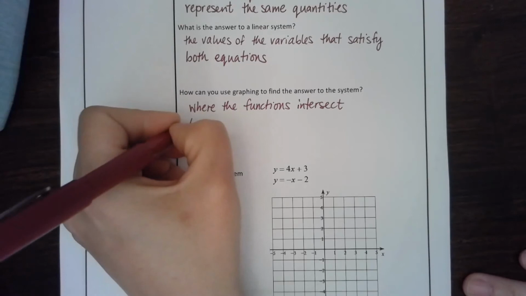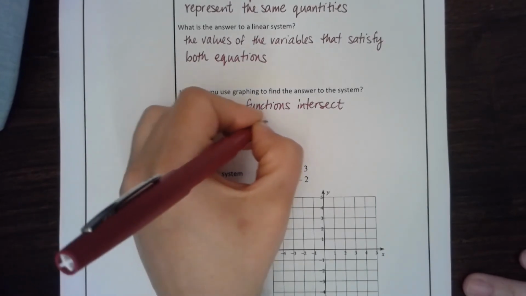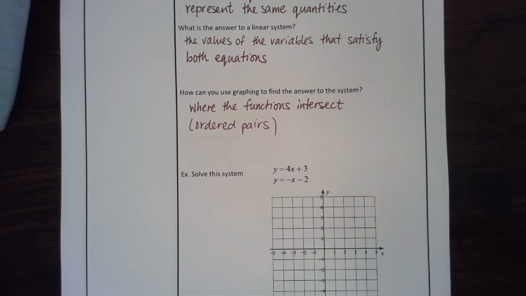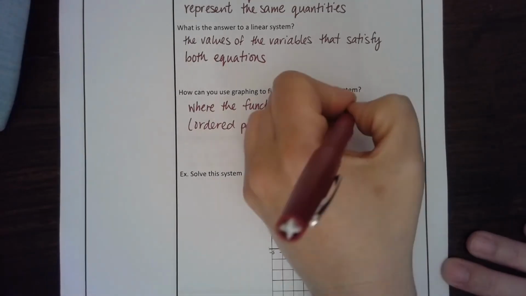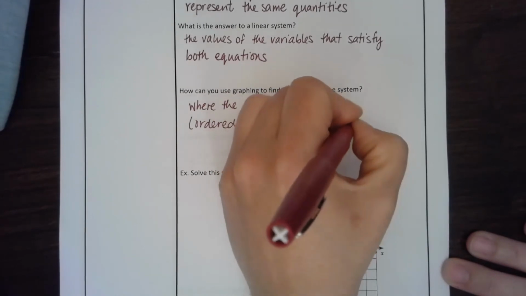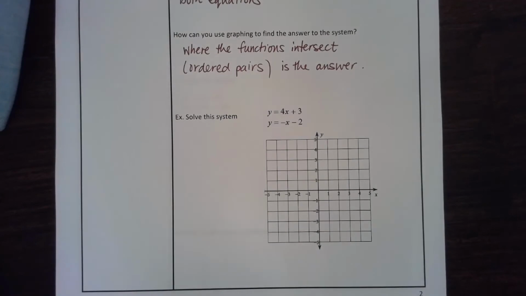Okay, and so these are often ordered pairs. So where the functions intersect is the answer, because that will be the value of x and the value of y that's on both of those lines. So it satisfies both of those equations. Hopefully this example will help make sense of that.